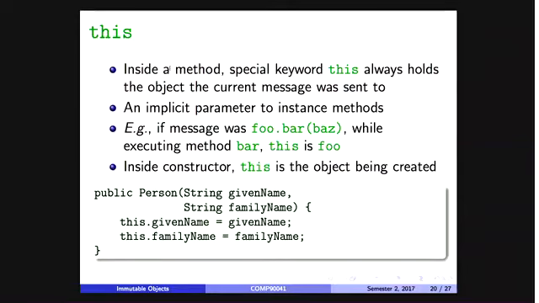When we say this.givenName, it refers to the instance variable in the Person class. When we say givenName by itself, that refers to the local variable, to the parameter. So this is actually the typical way that people write constructors. You'll see that it's very common.